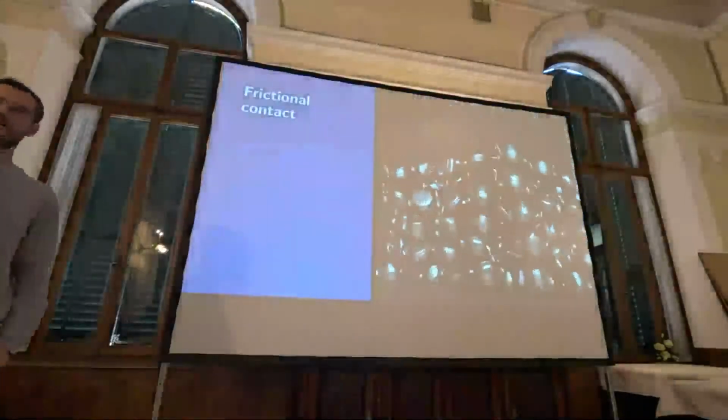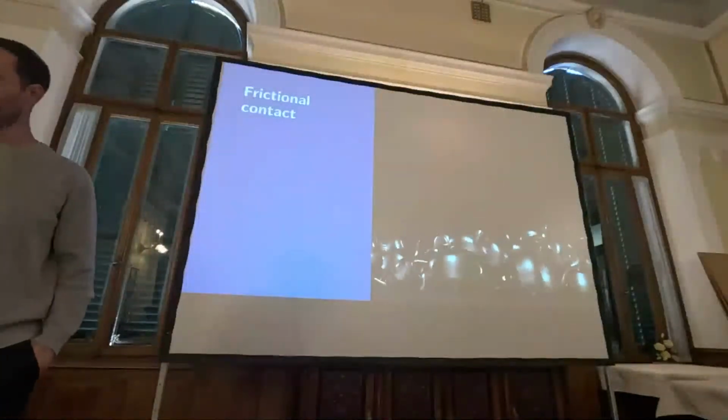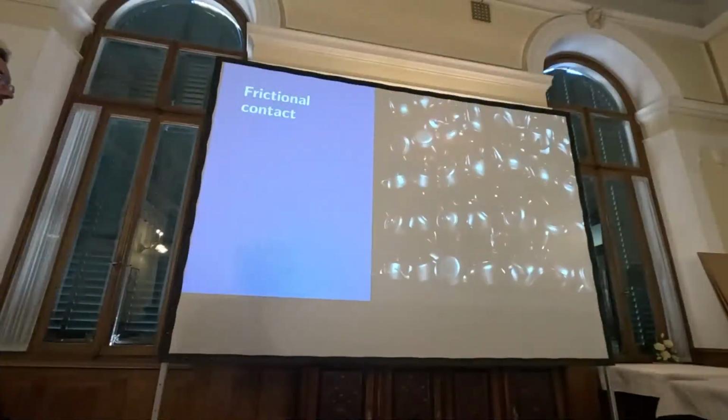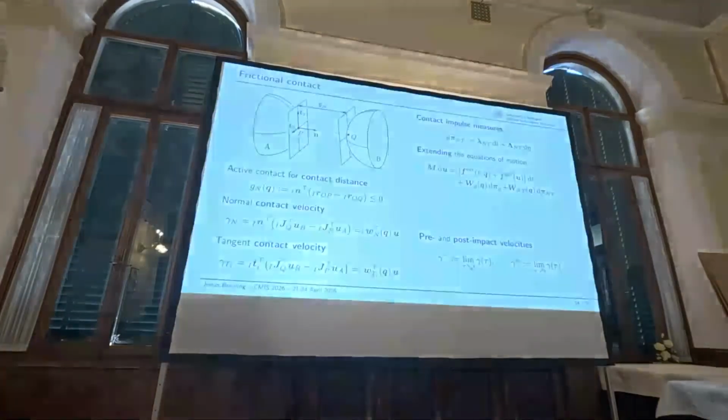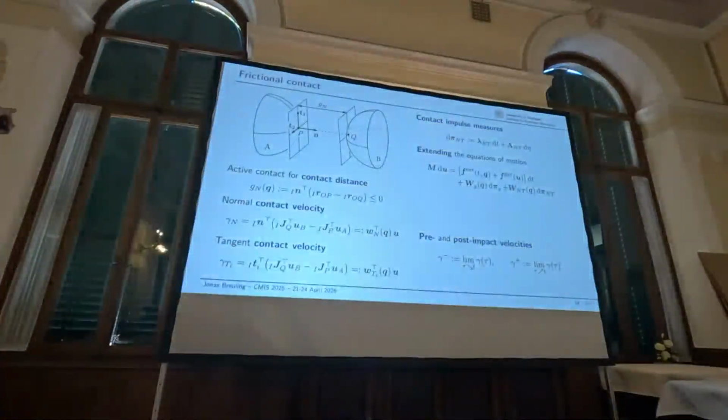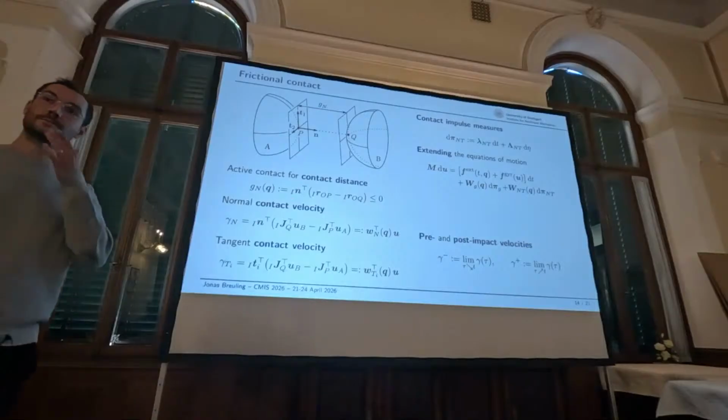And now, since we are at a contact conference, obviously I have to add contacts, and I show you briefly how this is done. Most of that is quite obvious to you. So we have two bodies, 2 points on a body with a tangent plane, can define a distance, I call it Gn.